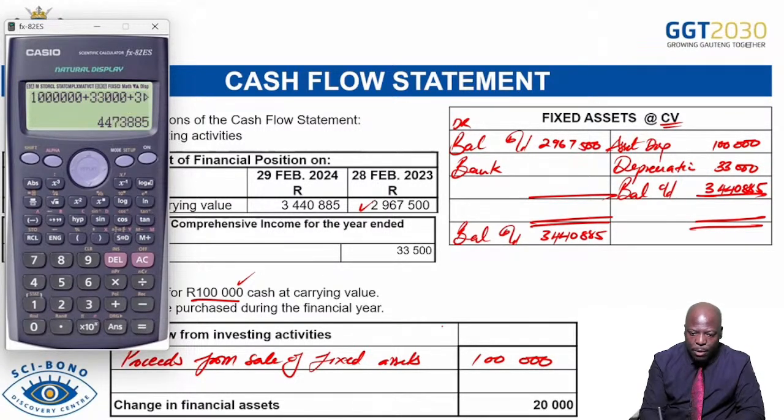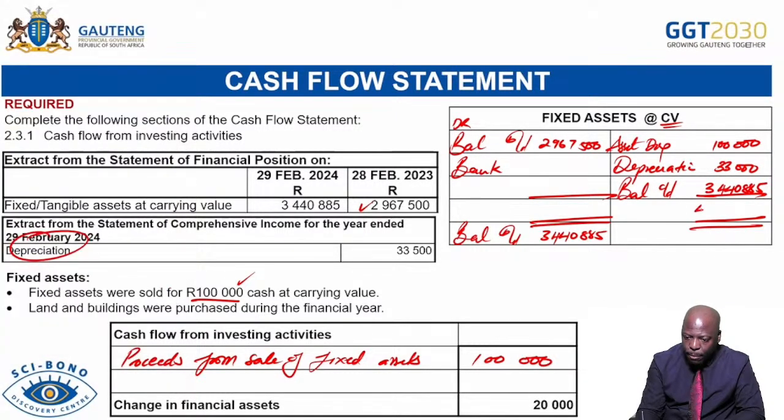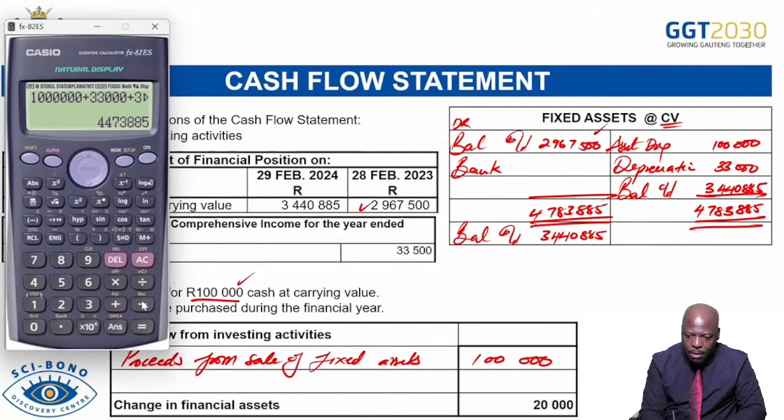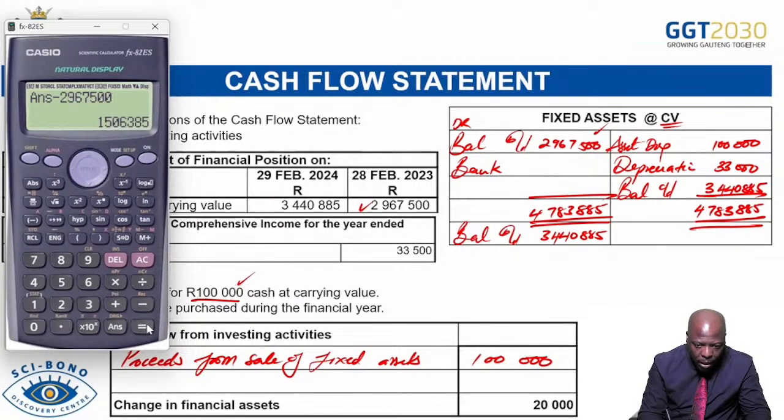And in total it gives you 4,783,885. Then I simply subtract my balance there, 2,967,500. And then that will give me my bank amount.